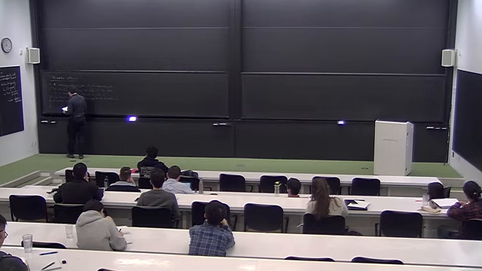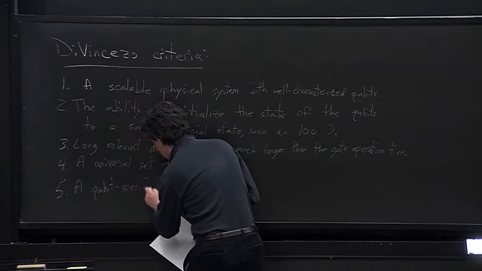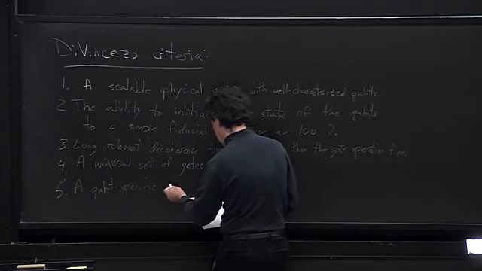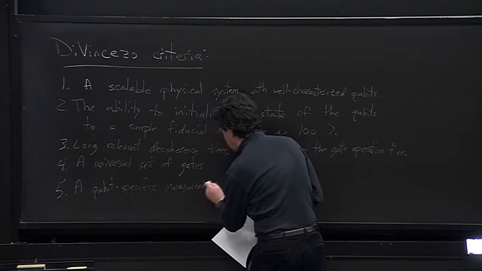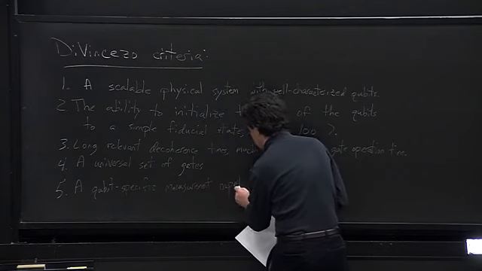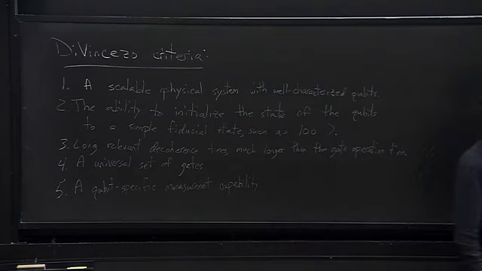And then here's the fifth one, a qubit-specific measurement capability. So in other words, at the end of the computation, we have to be able to measure our qubits to get some information out.